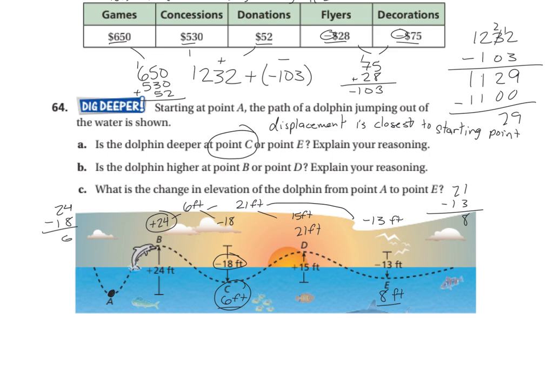Okay, next it's going to ask, is the dolphin higher at point B or point D? Well, let's take a look. It is 24 feet displaced from its starting position at point B, and we said it's 21 feet displaced at point D. Where is it higher, right? I'm furthest away from point A, giving me point B for an answer.